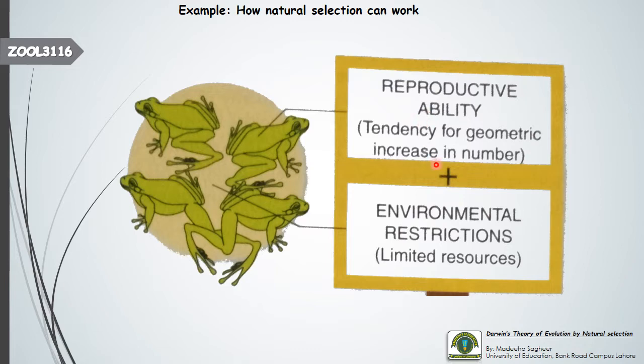Geometric increase means too much increase; they could increase their population very quickly. But at the same time, when a population has the ability to increase geometrically, environmental restrictions are there. And what are the environmental restrictions? Environmental restrictions are the limited resources in terms of food, shelter, habitat, and mate, right?